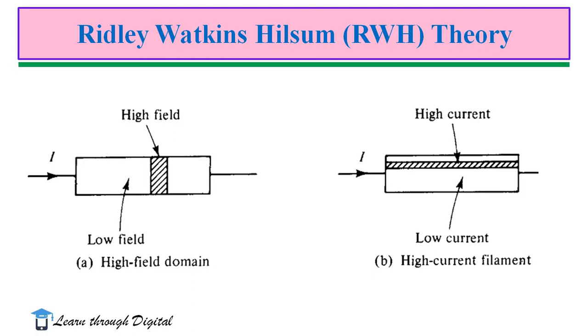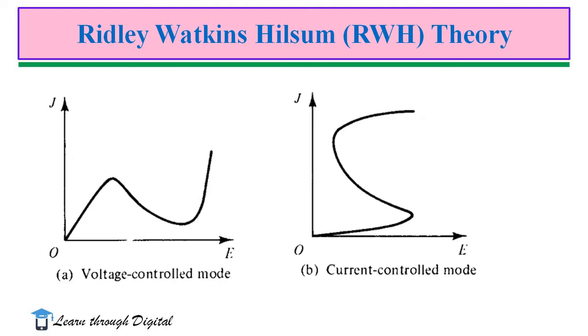It represents a high current filament. Generally, the characteristic curve is in the N shape. In the case of voltage controlled mode, it is in the shape of N. But in the current controlled mode, the characteristic curve is in the shape of S.